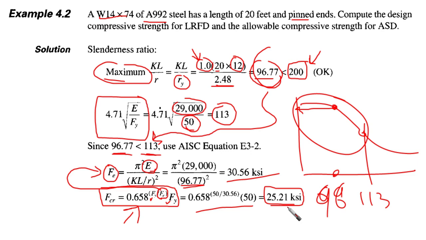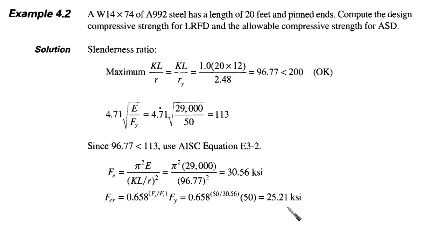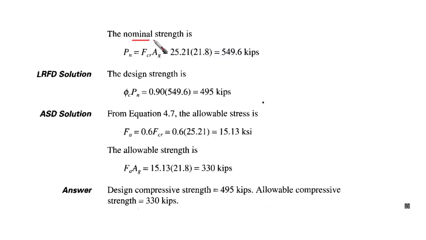Okay, that's it for this example regarding the nominal strength. This part is the same whether we are designing for LRFD or ASD. There is no change, because what we have obtained up till now is the critical compressive or buckling stress, which is going to be used for the nominal strength, Pn.